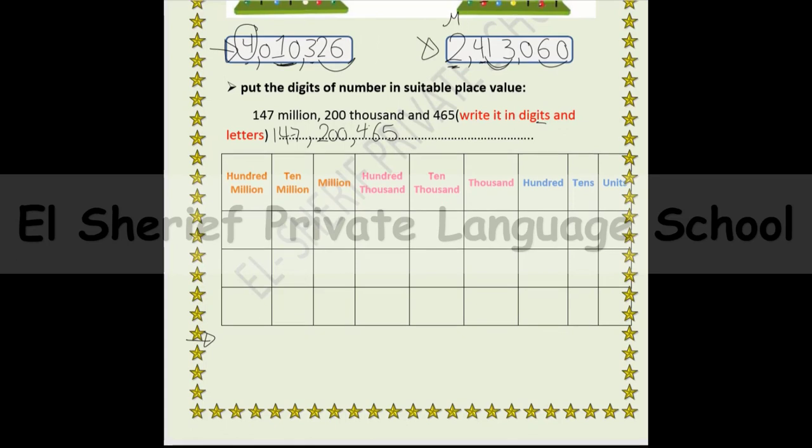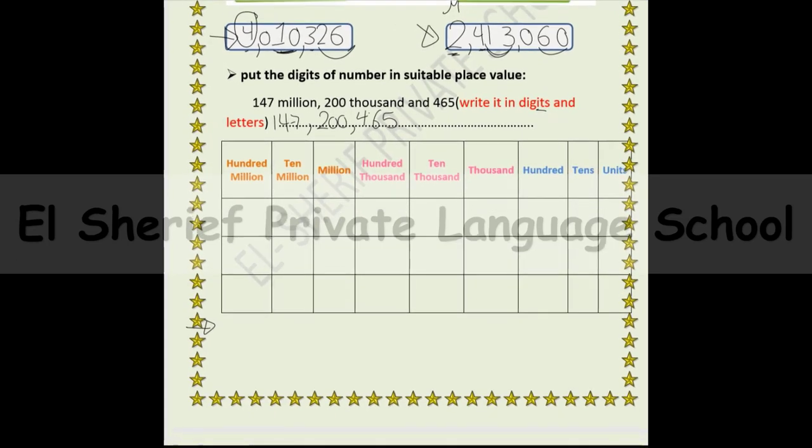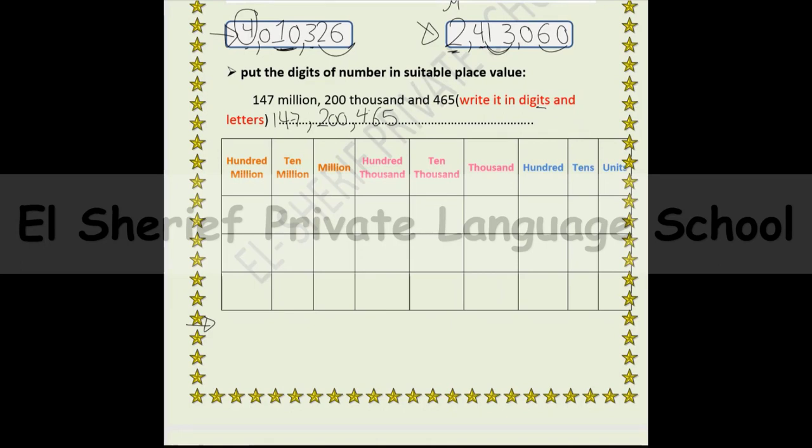So our rule said that as we read, so we write. We read 147 million, so write it 147 million 200,000.